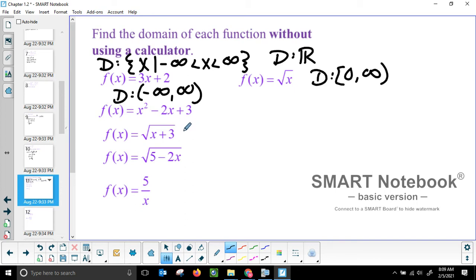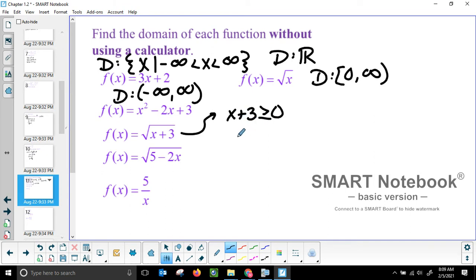Okay, so what numbers can I not plug in here? Well, the main thing is that we can't have negative numbers. How can I guarantee that I don't have any negative numbers under this square root? All I have to do is take what's under my square root, in this case x plus 3, and say that has to be greater than or equal to 0. If you're greater than or equal to 0, you are not negative. Then I can solve this like a regular inequality.